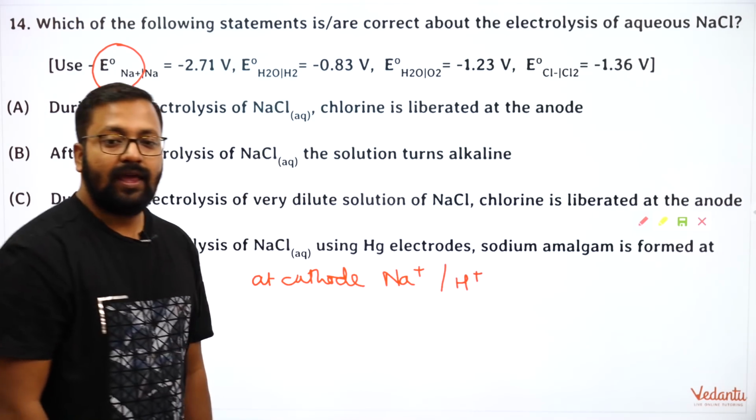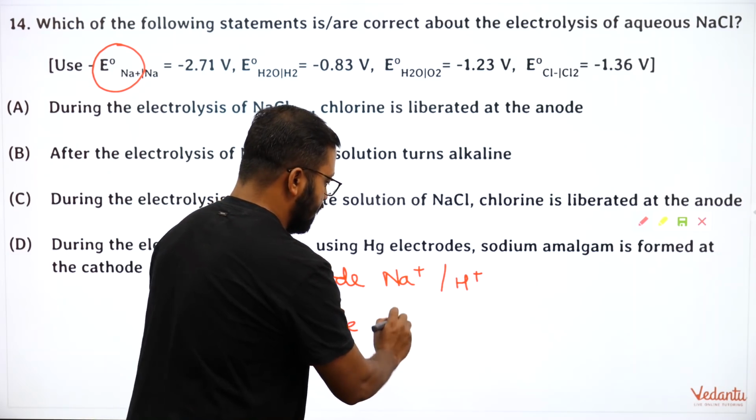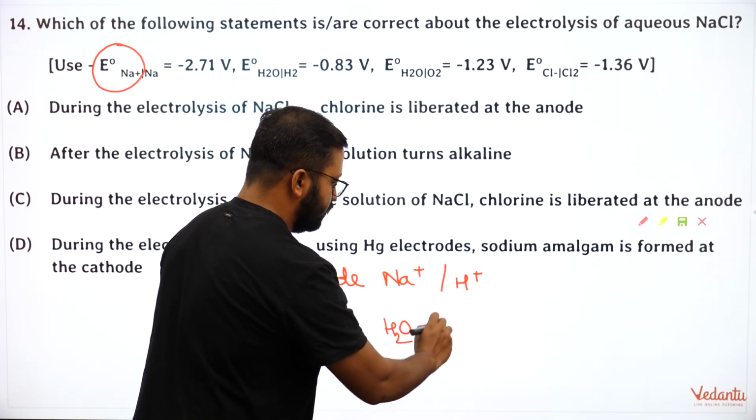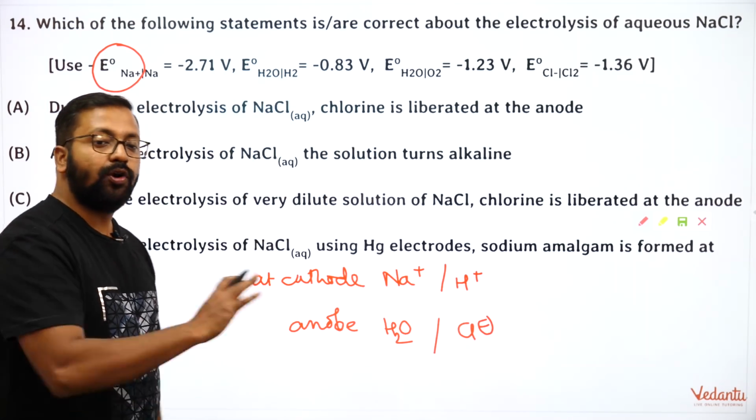At the anode, H2O will compete with Cl-. There is a competition between these two.